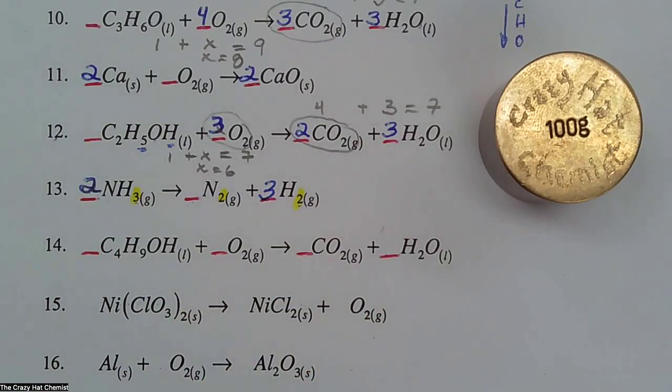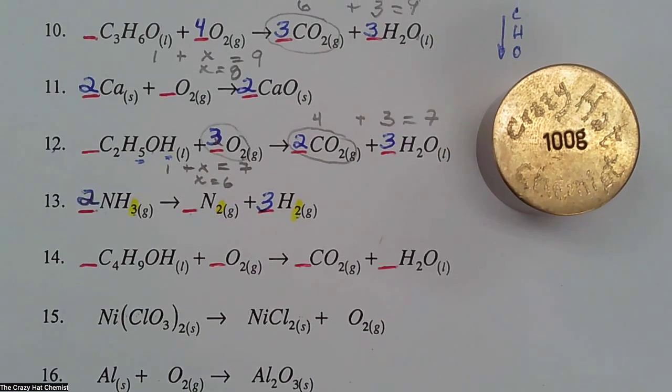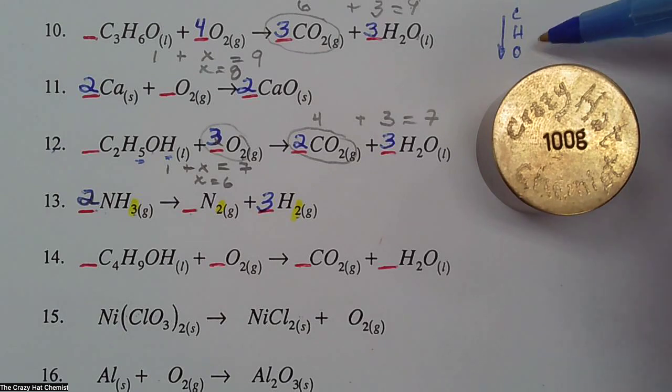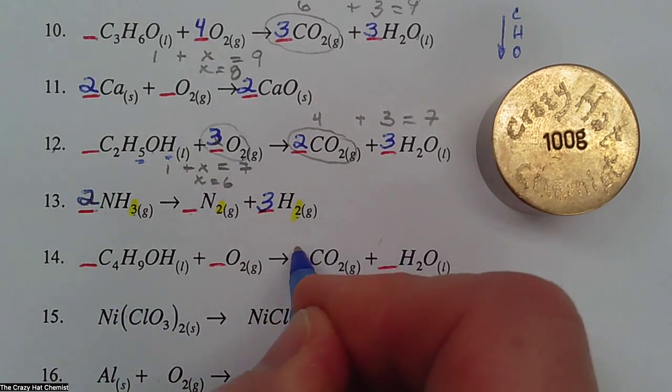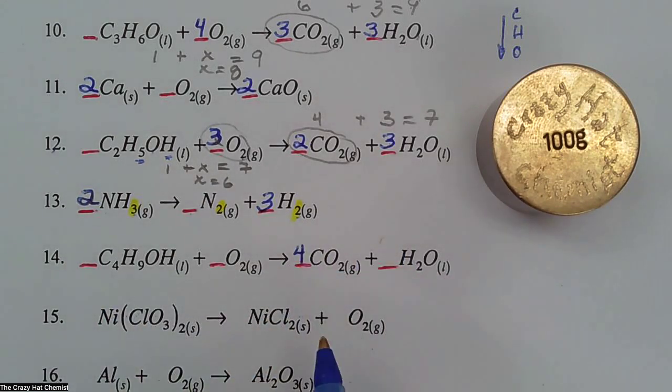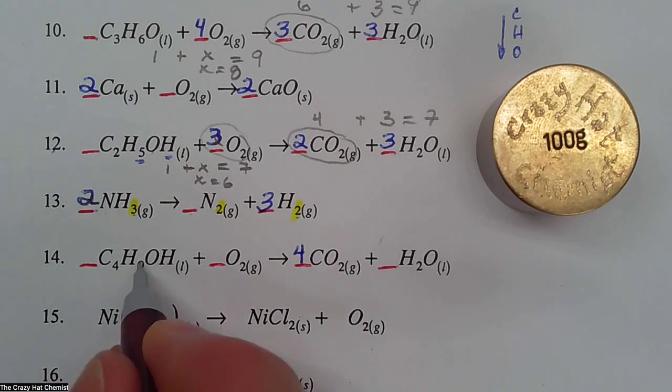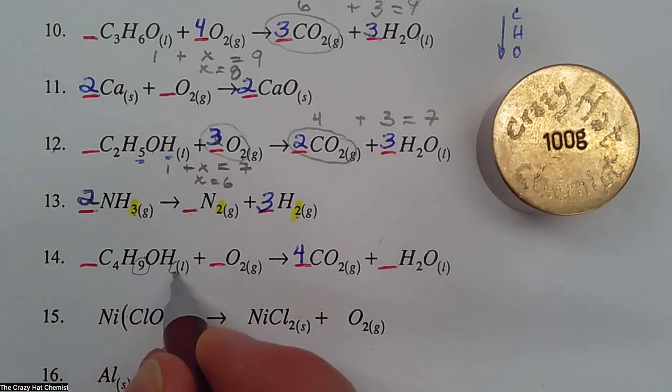Okay, again, a complete combustion, and you balance these always in this same order. That's C, H, and an O. How many carbons on the reactant side? 4. How many on the product side? 1. So I'm going to place a 4 coefficient in front of the carbon dioxide. How many hydrogens on the reactant side? So be careful with this because there's 9 plus the 1.